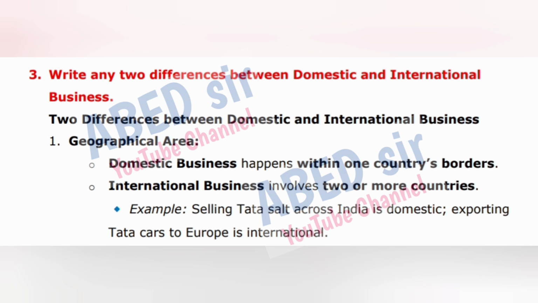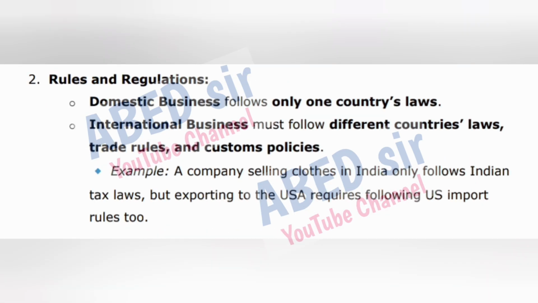1. Geographical area. Domestic business happens within one country's borders. International business involves 2 or more countries. Example: selling Tata salt across India is domestic, exporting Tata cars to Europe is international. 2. Rules and regulations.